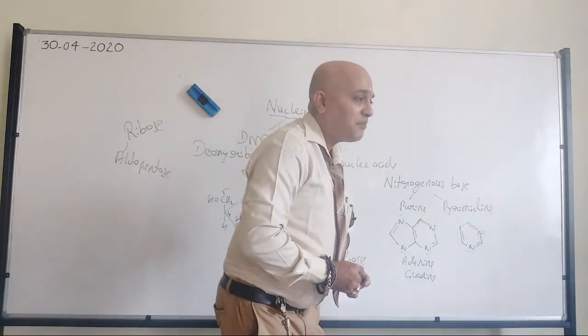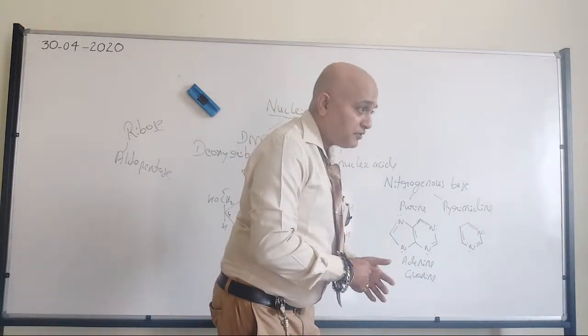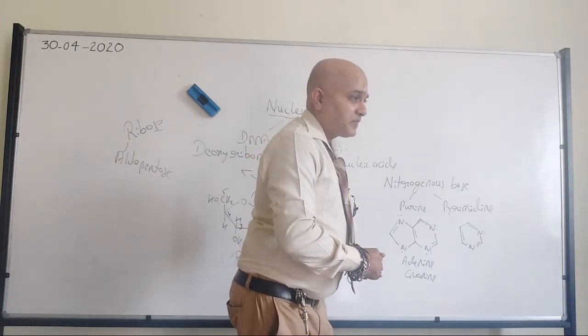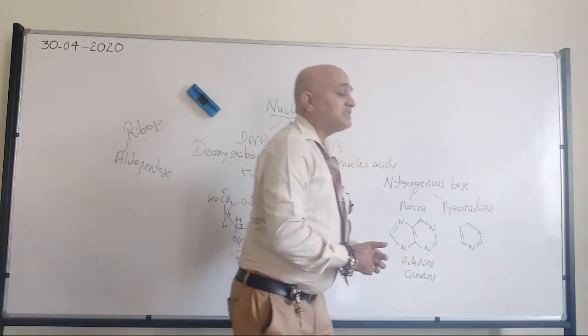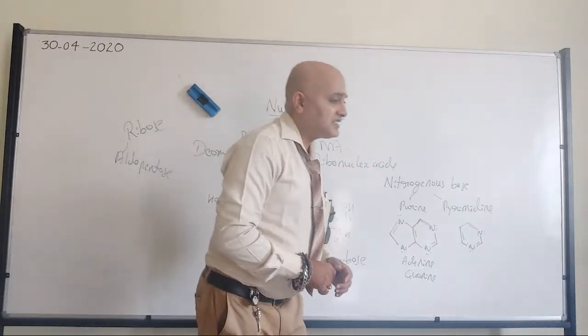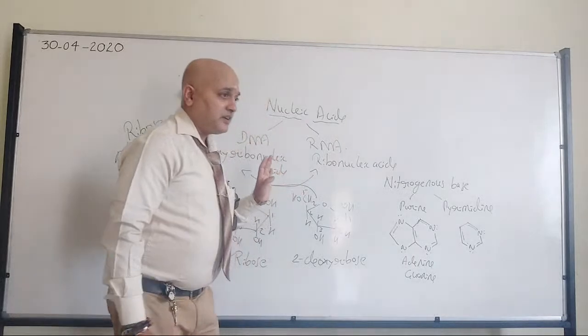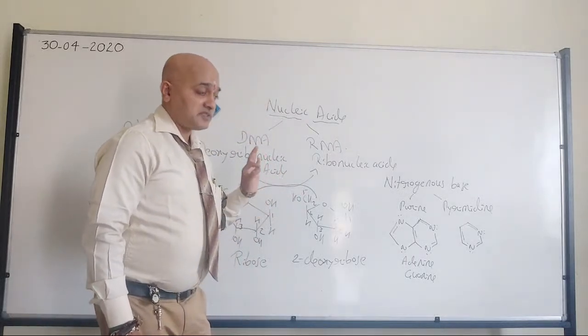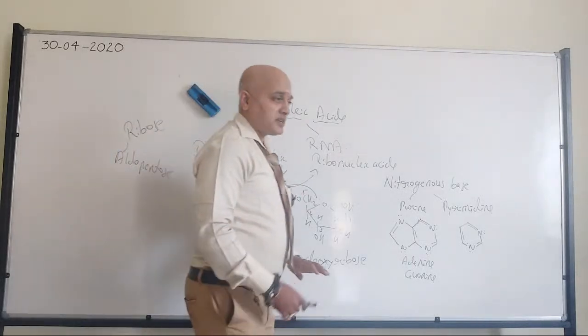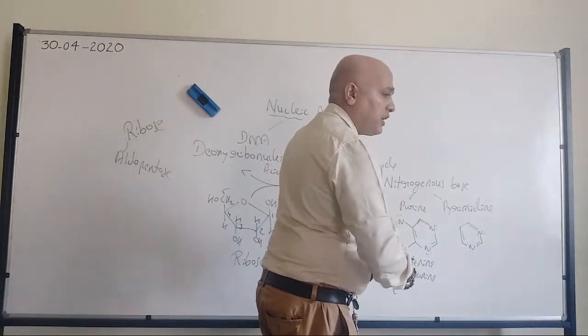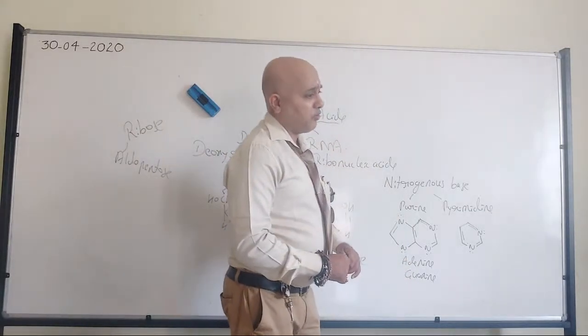What happened? Getting confused? So once again I am telling, structure is not required. No need to worry about the structure, but you should remember the names. Don't worry, no one will ask the structure. If you are not understanding anything, let me know.